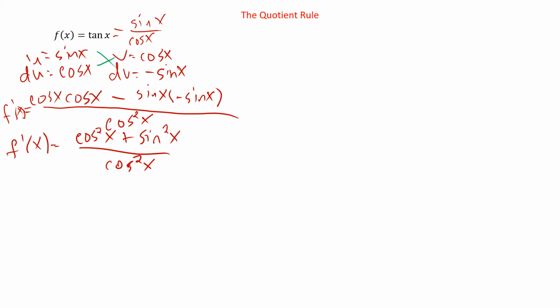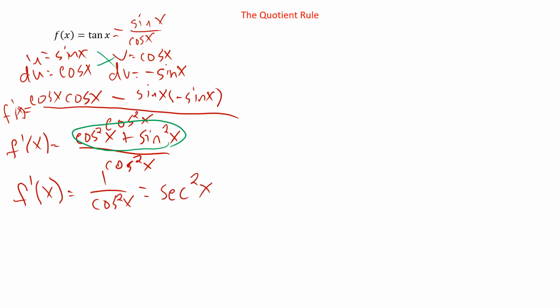What we can do is remember our trig identities. Cosine squared plus sine squared just equals 1. So we have 1 over cosine squared of x, which 1 over cosine is secant, so this is secant squared of x.